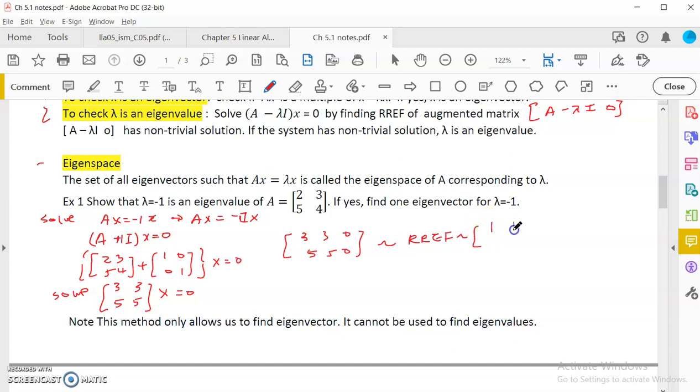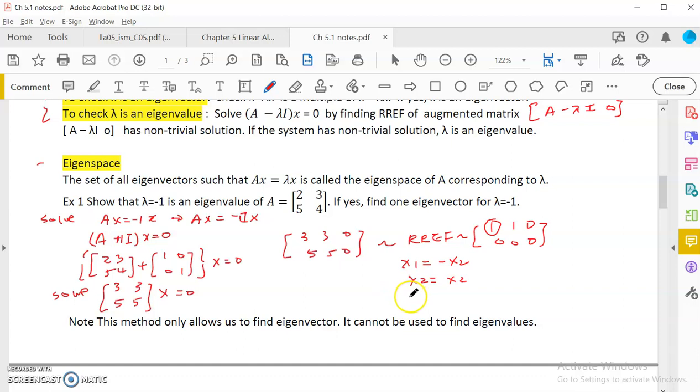You can actually do it by hand. So what is this? x1 is equal to negative x2, right? There is a free variable, so that means there's a non-trivial solution, and x2 equal to x2.